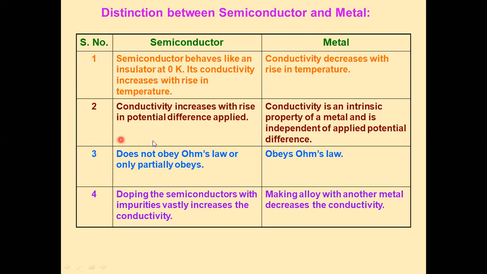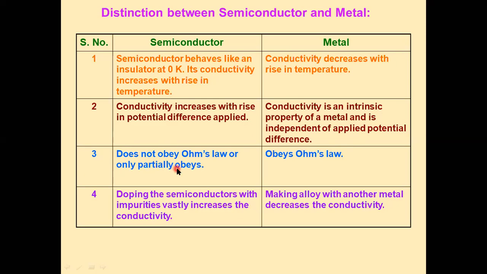Conductivity increases with rise in potential difference applied across the semiconductor. Conductivity is an intrinsic property of the metal and it is independent of applied potential difference.